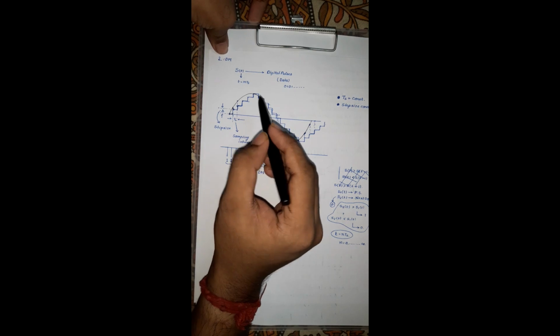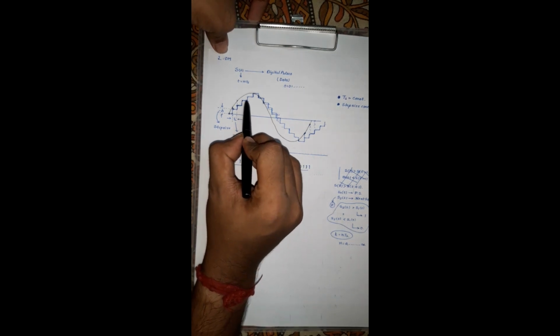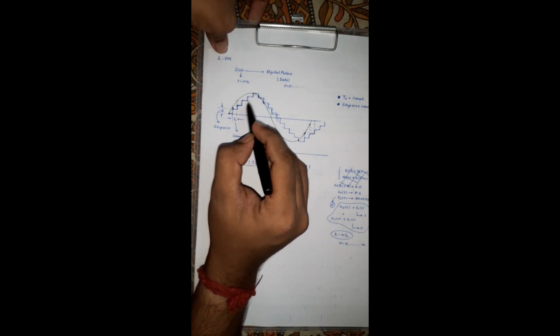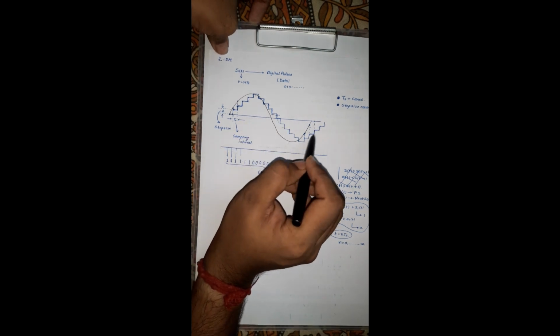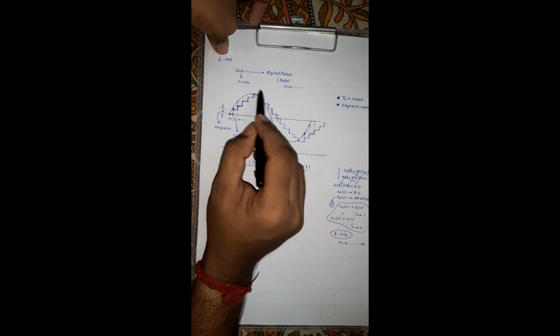Now don't think that these impulses are the sampled signal of this. The signal that has been drawn in blue looks like a PAM signal though, but it is not a PAM signal, and it is also not the sampled signal of this black signal.